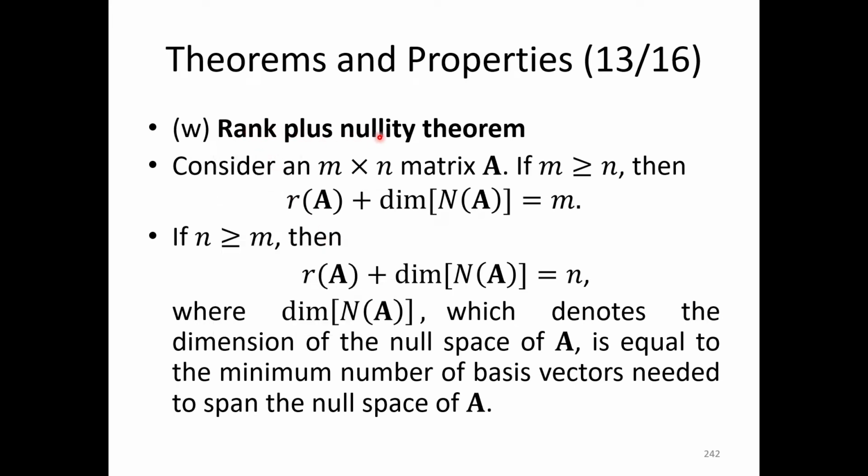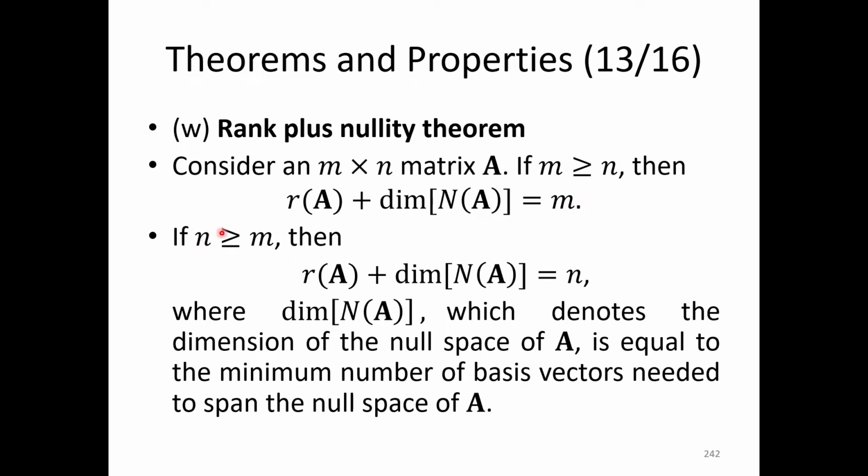Rank plus nullity theorem. Consider an m by n matrix A. If m is greater than or equal to n, then the rank of A plus the dimension of the null space of A is equal to m.